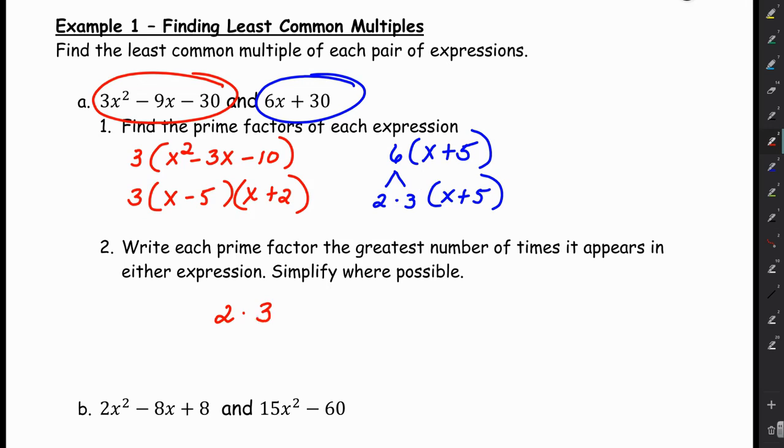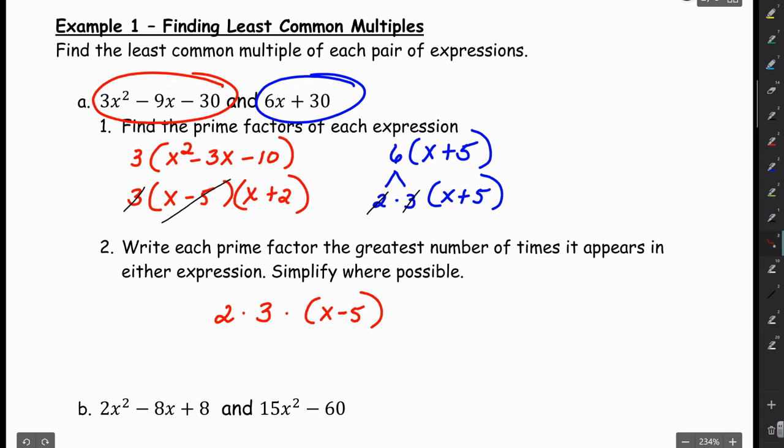Okay, next, and let's just cross off as we go to keep track here. We took care of 2, we took care of 3. All right, now we're saying, oh, here's an x minus 5 that occurs once. We're going to need to take care of that. Let's cross that off.